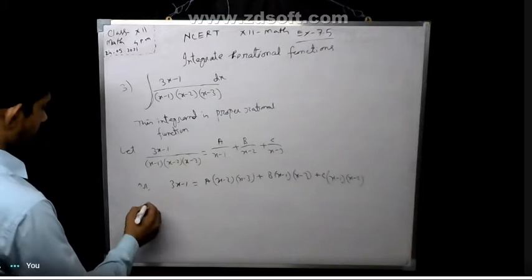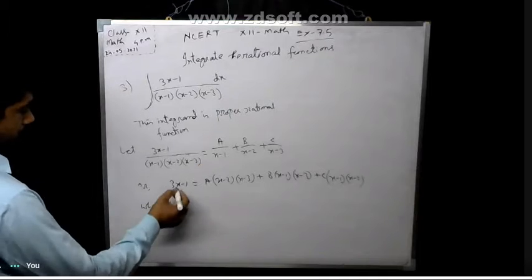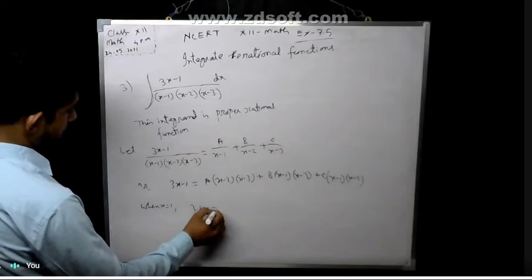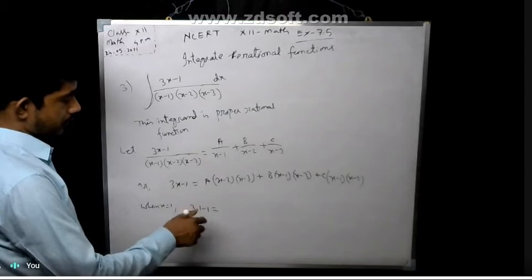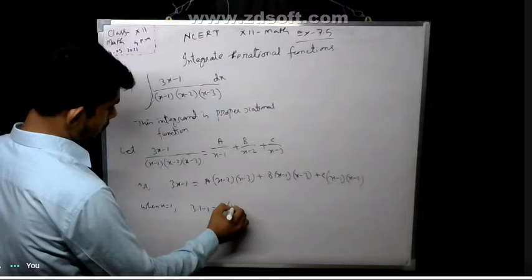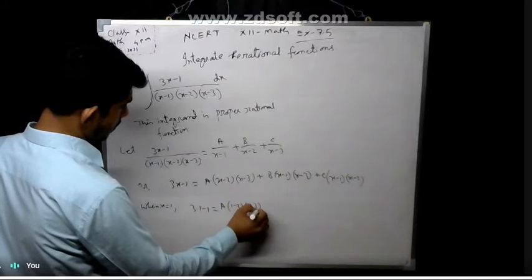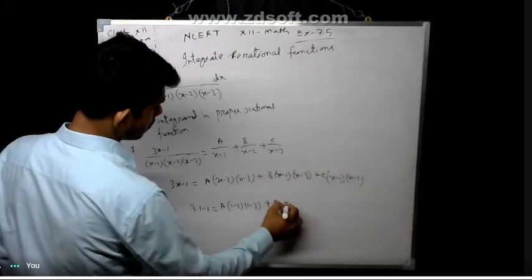When x equal to 1, then 3 into 1 minus 1 equals 2. So here A into (1 minus 2)(1 minus 3) plus, it is 0, also it is 0.